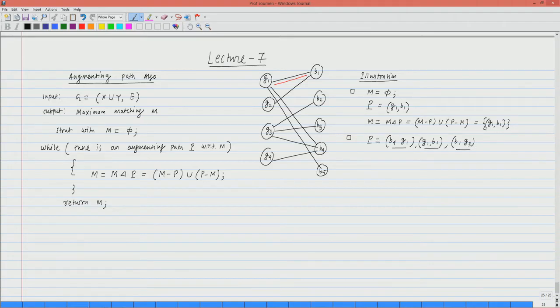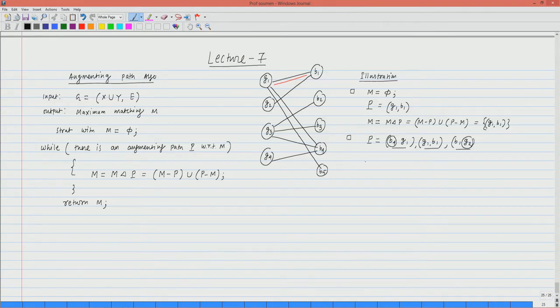So, it is an alternating path, and this path starts at an unmatched vertex B4 and ends at another unmatched vertex G2. So, this is an augmenting path. Well, so you are inside this loop because still with respect to the current matching you have an augmenting path.